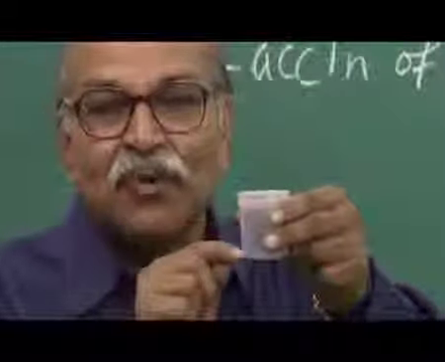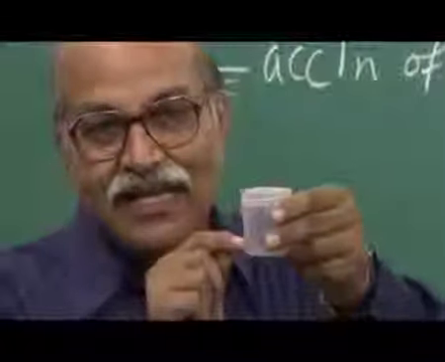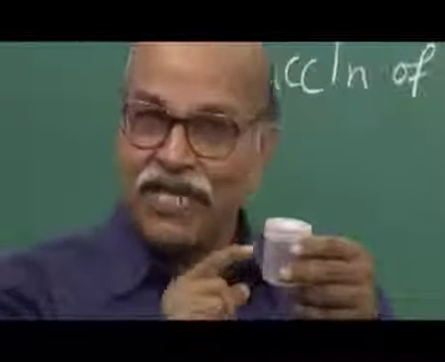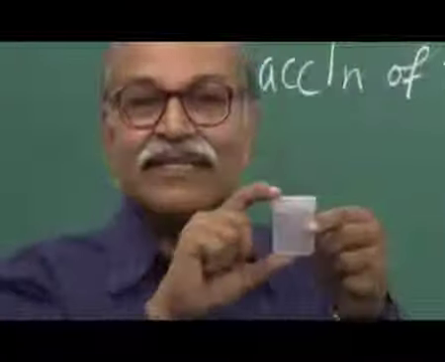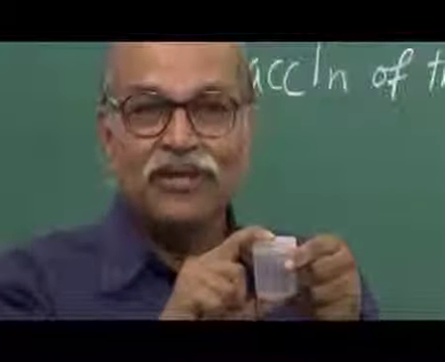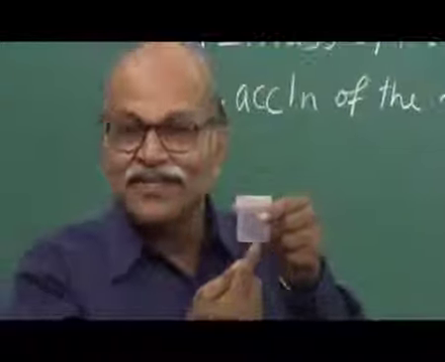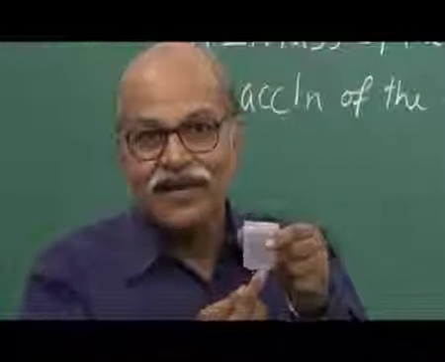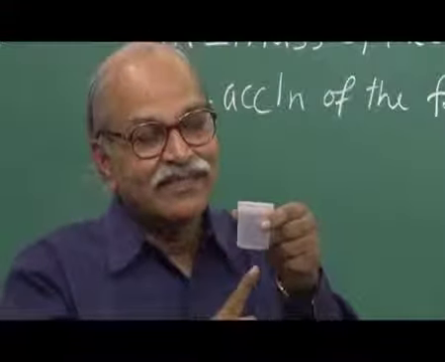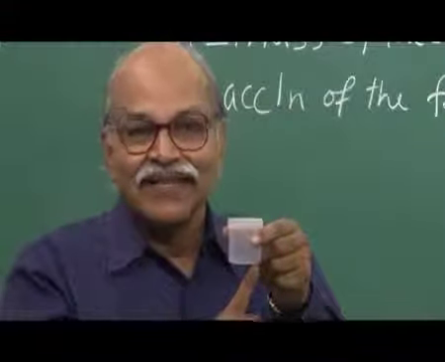The facing poles have different polarity, and therefore they are attracting each other. But these are weak magnets, and at this distance the force of attraction is very, very small, and therefore the weight of this ring is quite high compared to that small force of attraction, and hence it is staying here.